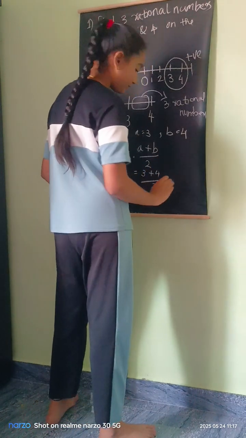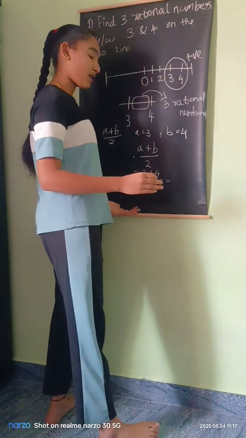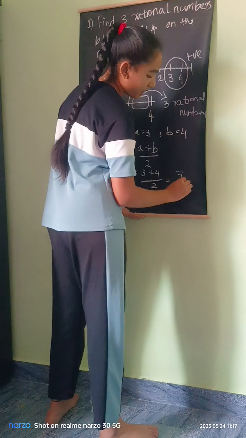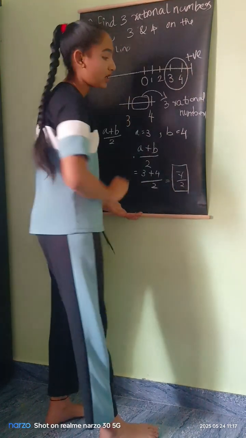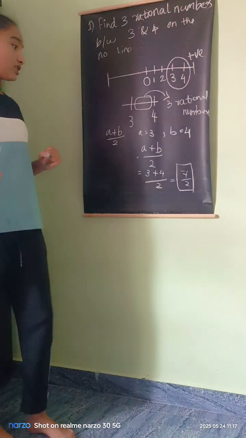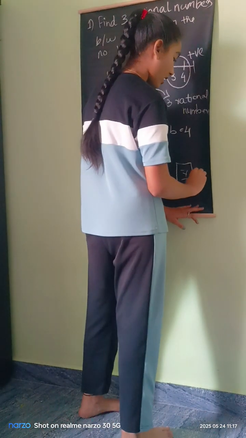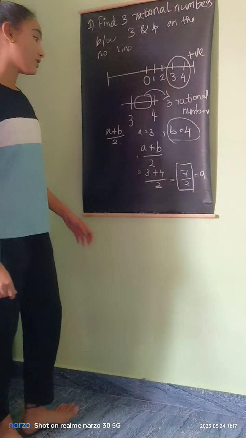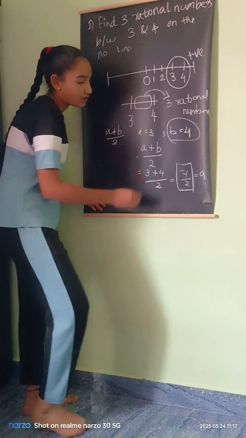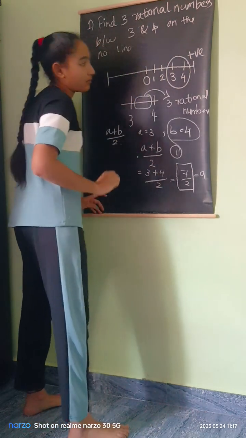So 3 plus 4 is 7, by 2. So this is one rational number, 7 by 2. For the next one, this will be our a value and b is as usual 4.